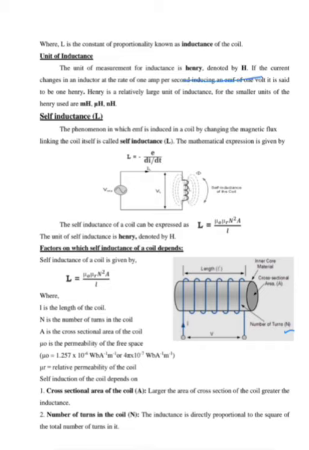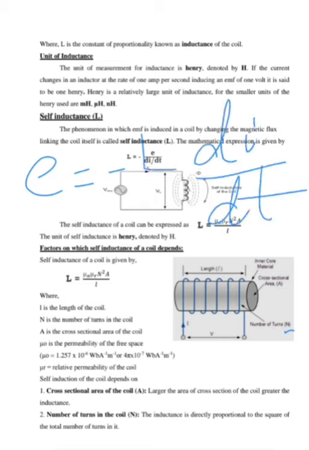If the current changes in an inductor at a rate of 1 ampere per second, inducing an EMF of 1 volt, it is said to be 1 Henry. We have already seen that E is equal to minus L into di by dt. So what will be L now? L is equal to E divided by di by dt.